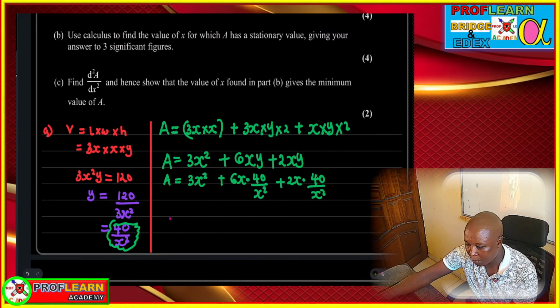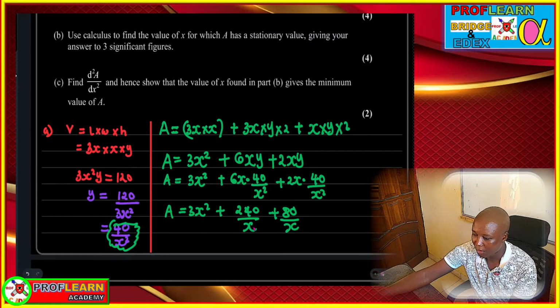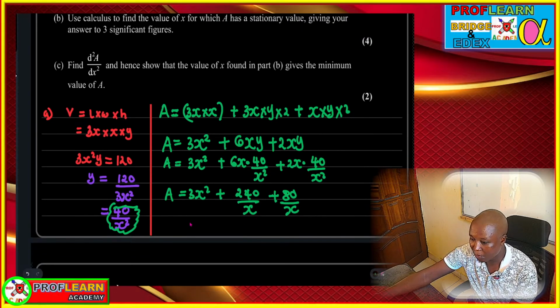We can simplify this to 3x squared plus 240 over x plus 80 over x.